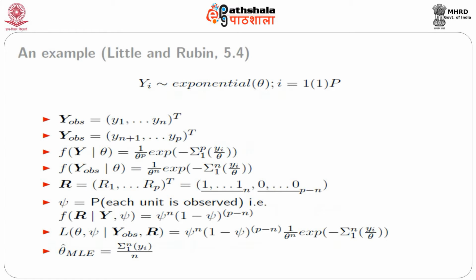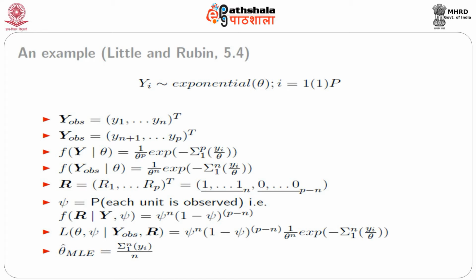So, as an illustration, we are showing example 5.4 of Missing Data Analysis by Little and Rubin. Here let us assume y_i follows exponential(theta), i equal to 1 to p, and assume that the first n are observed and the remaining p minus n are missing, and the task at hand is to estimate the parameter theta.